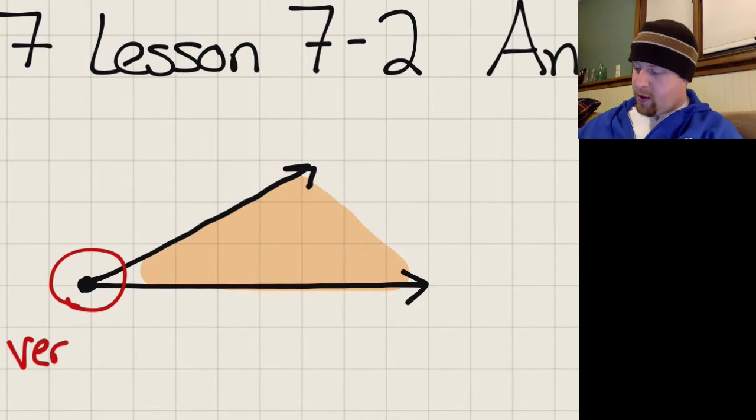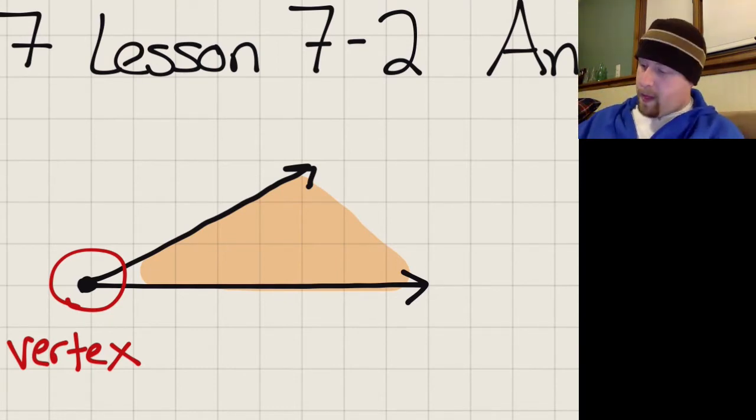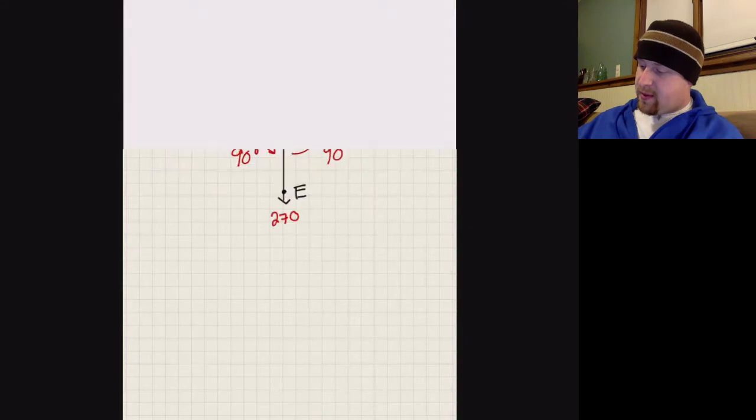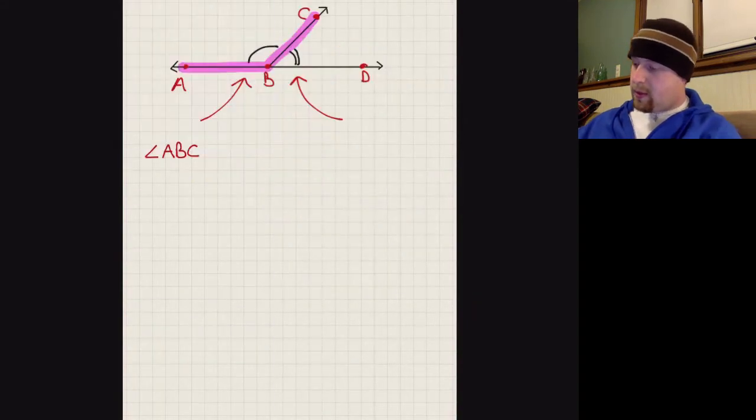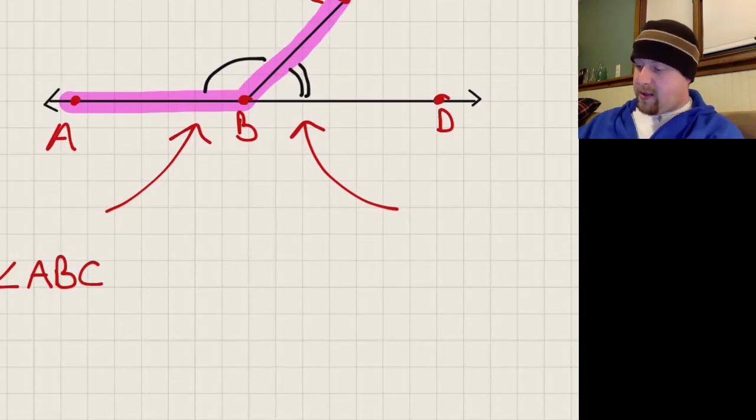The vertex. The vertex is always the center point of the angles. It's where the angles hinge. Okay, so when we're naming angles, we name it so that the center point is always the vertex.